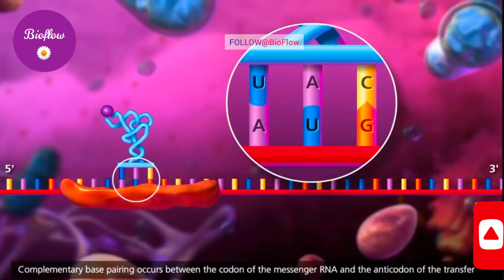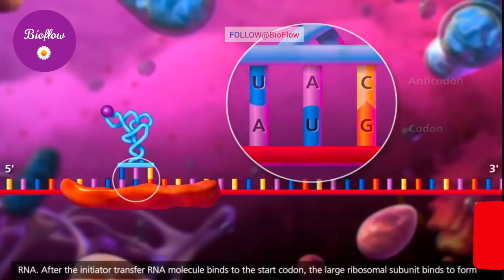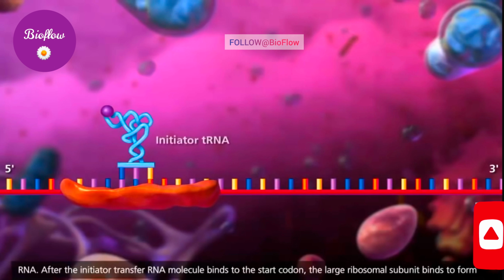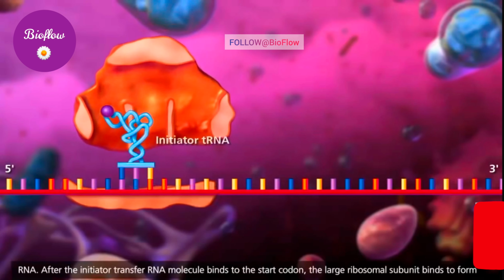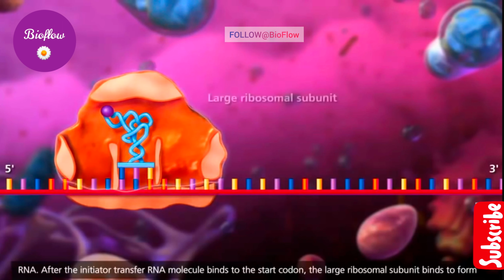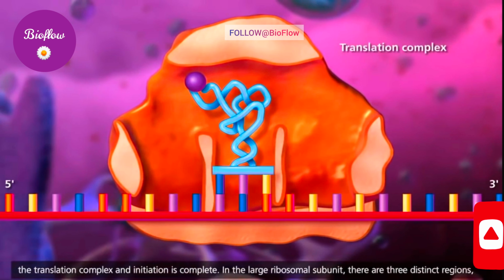Complementary base pairing occurs between the codon of the messenger RNA and the anticodon of the transfer RNA. After the initiator transfer RNA molecule binds to the start codon, the larger ribosomal subunit binds to form the translation complex, and initiation is complete.